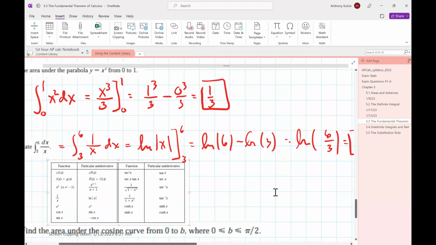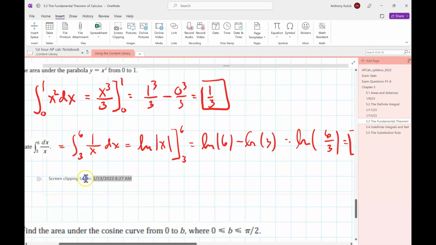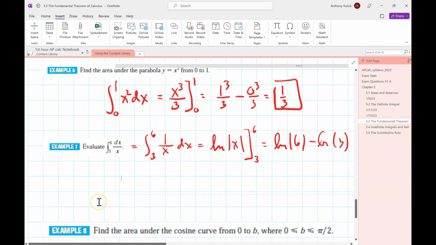The reason is that you can do 1 over negative 2, but you can't take the natural log of negative 2, because you can't take the logarithm of a non-positive. So 0 and negatives are no dice, no bueno. That's why the absolute value ends up in there. I'm just going to get rid of that because I didn't leave myself enough space.